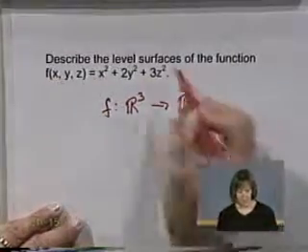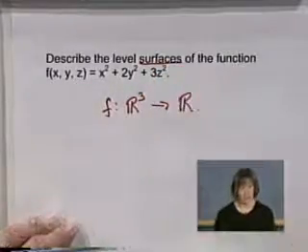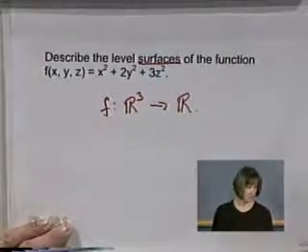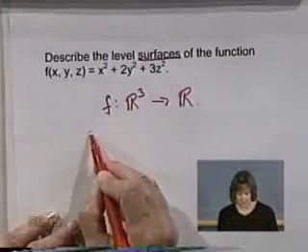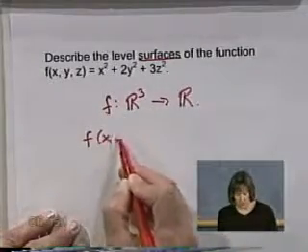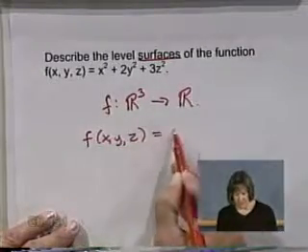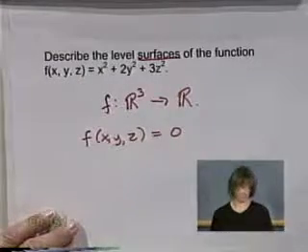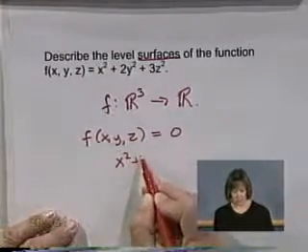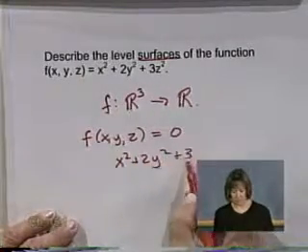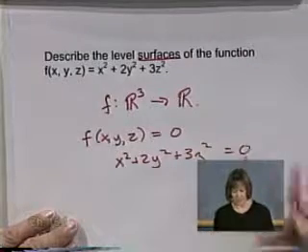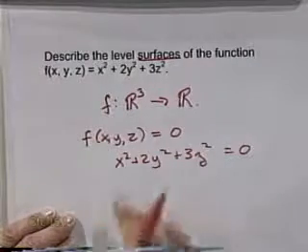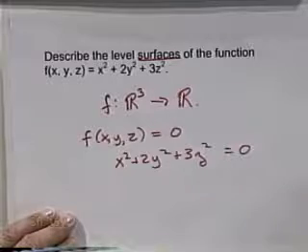Now why am I calling them surfaces when you have a function of three variables? Notice this. What if I wanted to look at f of x, y, z equal to 0? I get x squared plus 2y squared plus 3z squared equals 0. What point satisfies that equation?